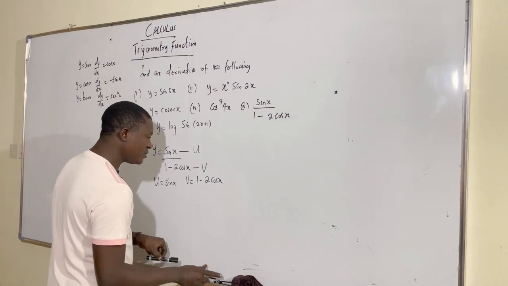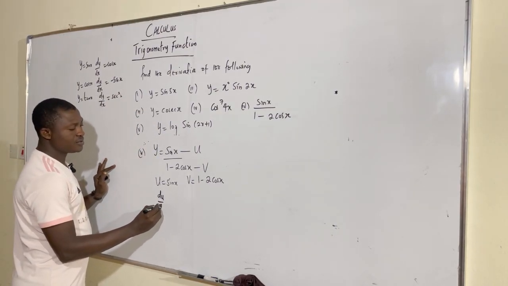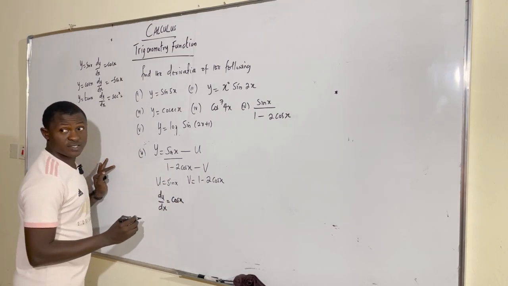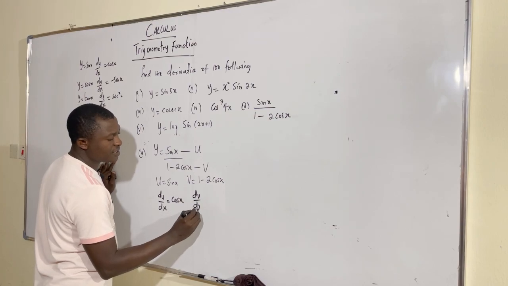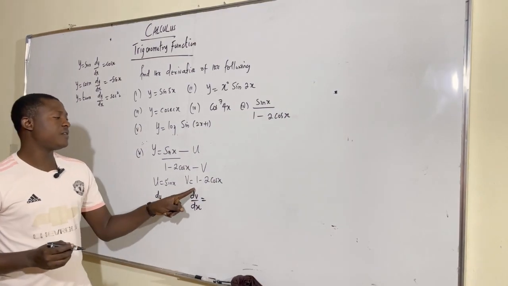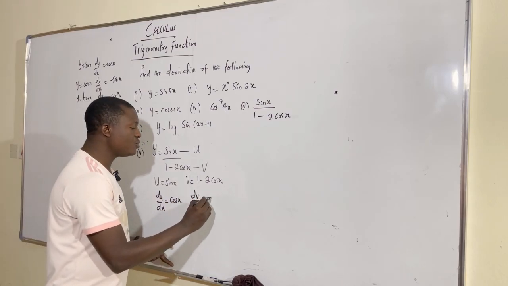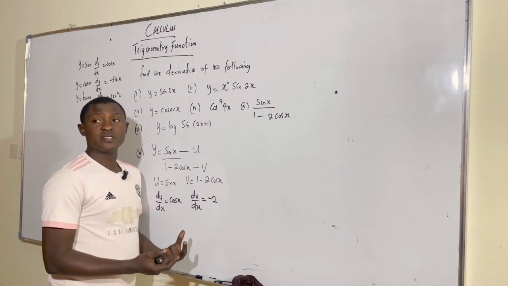So after that, u and x, here I can have du dx is equal to the differential of sine x, and we have cos x, right? Then v and x, and we have dv dx is equal to, but you know, the differential of 1 is going to be 0. So minus 2, the differential of cos x is going to be what?